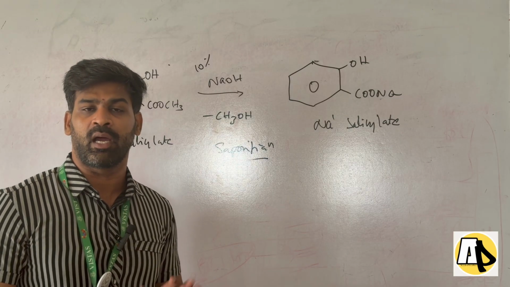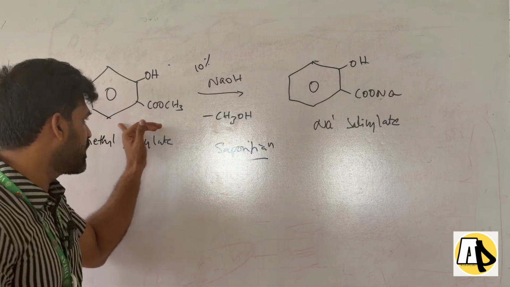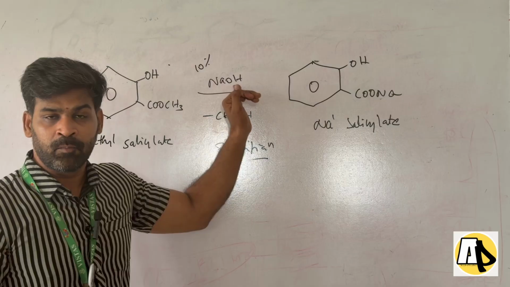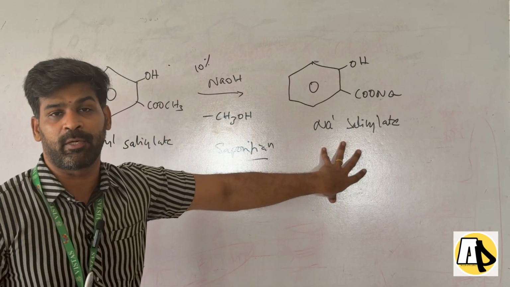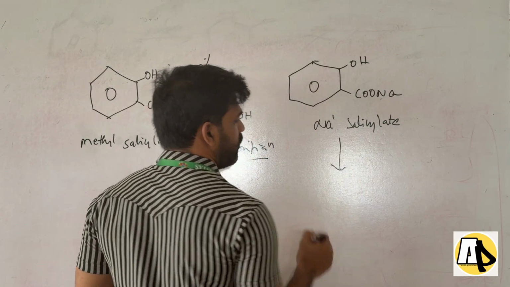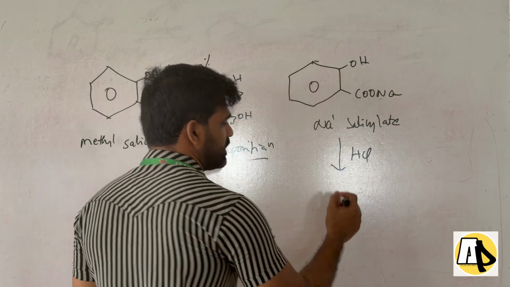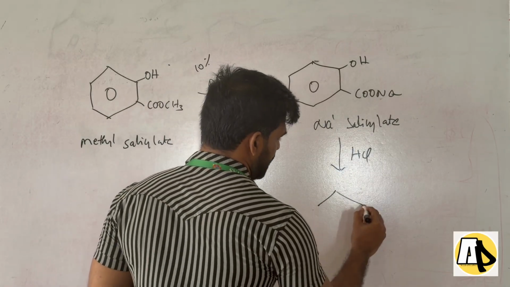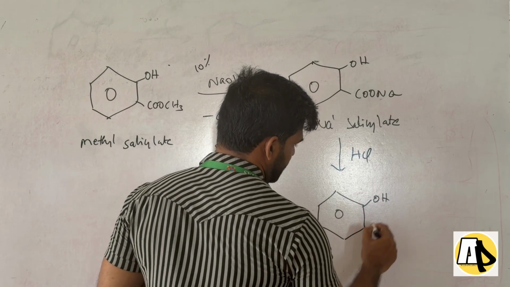The saponification, iodine value, acid value, ester value concepts come there. Whenever an ester reacts with sodium hydroxide or potassium hydroxide, it forms a sodium or potassium salt. When this salt is acidified with HCl, it forms salicylic acid.